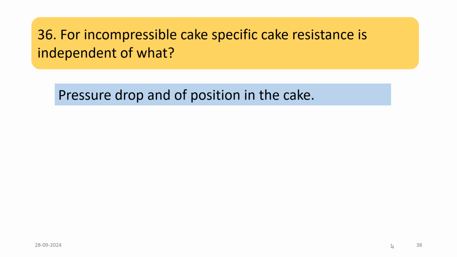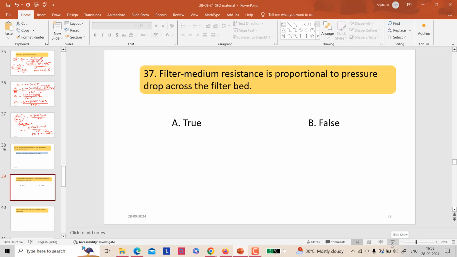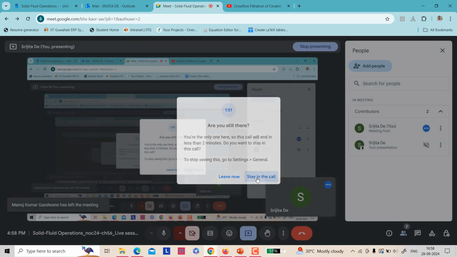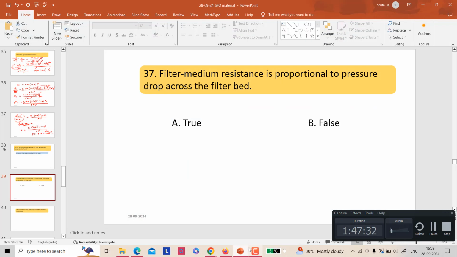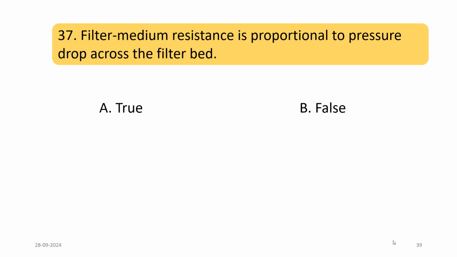If you notice the formula of filter medium resistance, that is nothing but delta Pm by mu U. So obviously Rm is proportional to delta Pm. So this is true.